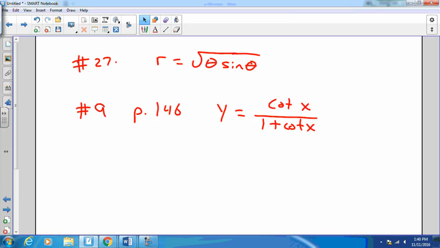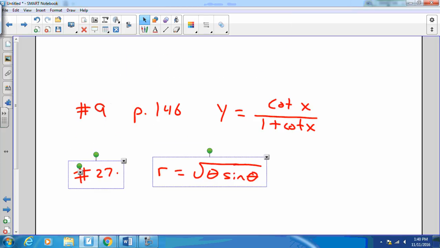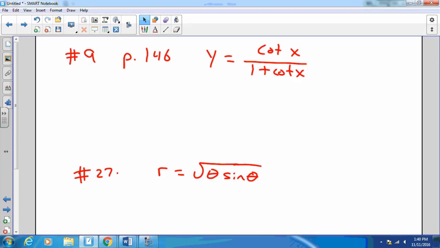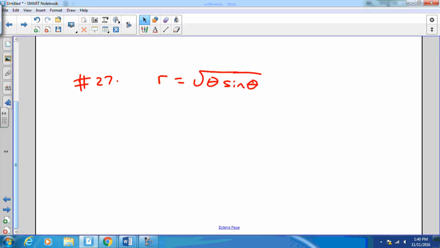In the case of number 27, they asked us to find the derivative. Notice the spelling of the derivative. It's not dy/dx, it is dr/d theta. So here, r is playing the role of our function, and theta is playing the role of the independent variable.